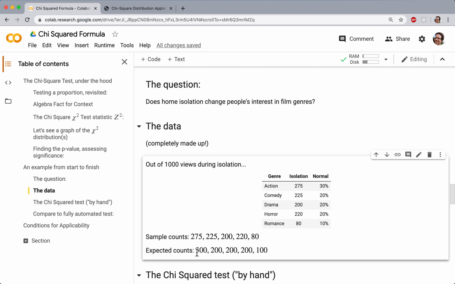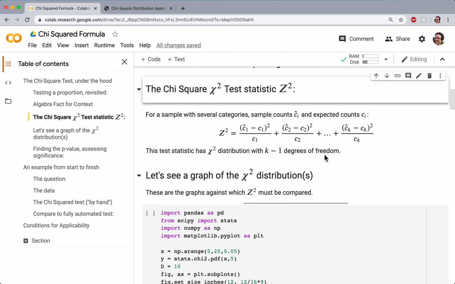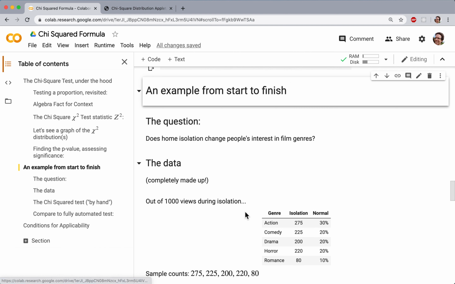We would just take these as proportions, 0.3, 0.2, 0.2, and multiply them by 1,000 in order to get the expected counts. So these expected counts are the Ci's from the prior formula. Let's go back to that. They are the Ci's, C1, C2 through Ck. They are the expected counts.